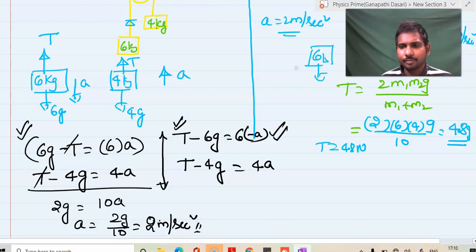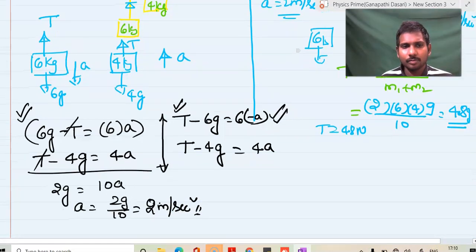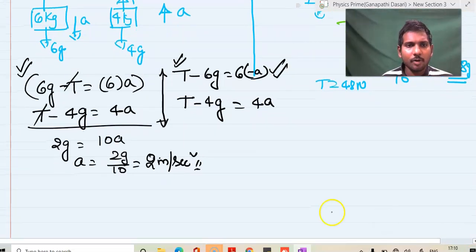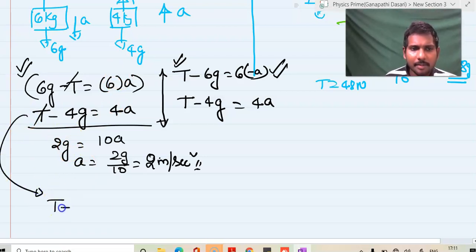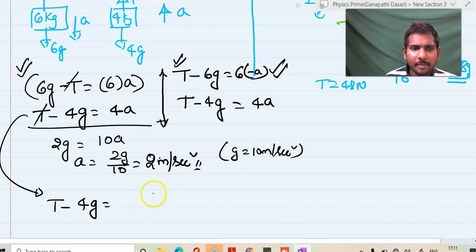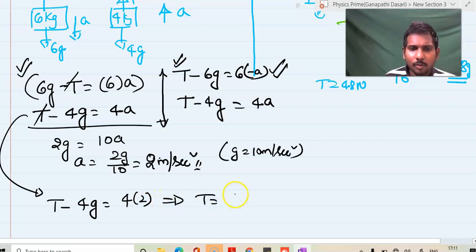Then if we substitute this a in either the first or second equation, we get the tension. Substituting in the second equation, taking g as 10 meter per second square, T minus 4g is equal to 4 into a, that is 2. That implies T is equal to 8 plus 40, so T is equal to 48 newtons.